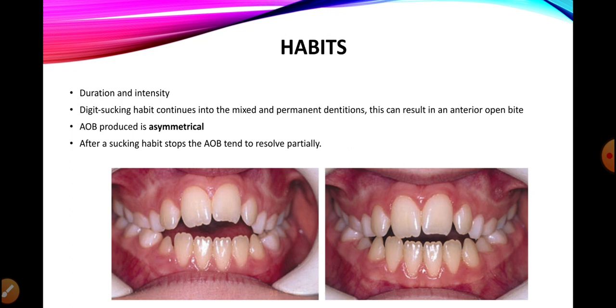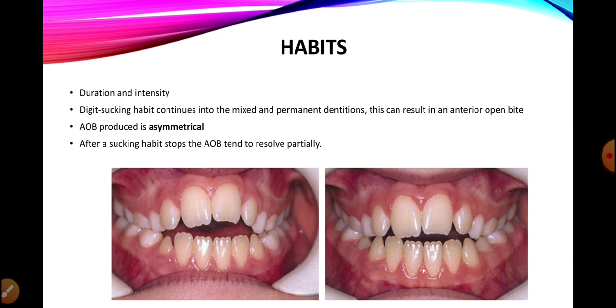Secondly, in cases of thumb sucking habits, as he or she is sucking it, a negative pressure is established inside the oral cavity, or the negative pressure in the maxilla.